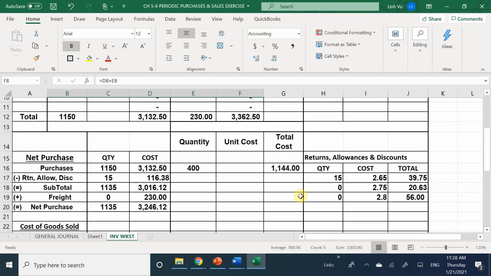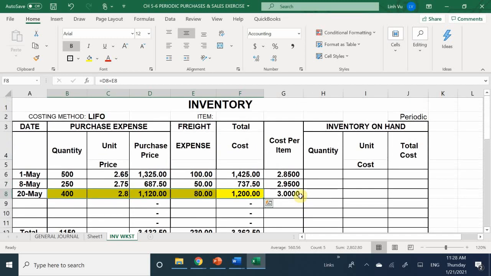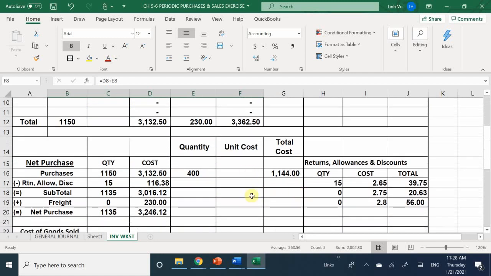Now the next section: how many more do we need to sell? 35. We need to sell 35. So which batch are we taking out from next? May 8th. We're going to take out from the May 8th batch, so the 250. Now, do we still have all 250 items?